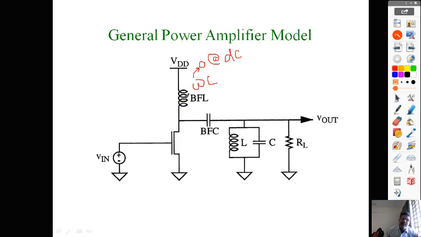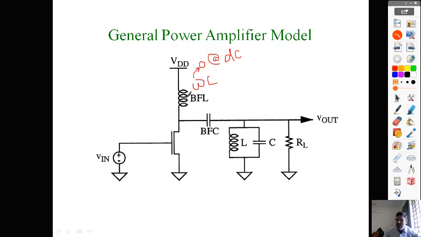So the inductive reactance is 0. It will be ideally a short circuit to the flow of DC current to fix the Q point through the device.